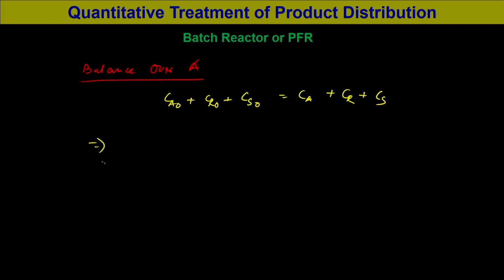From here we can write delta Ca plus delta Cr plus delta Cs is equal to 0. So, from here we can put the relations between Cr and Ca, and we can obtain the Cs as a function of Ca, Cr.